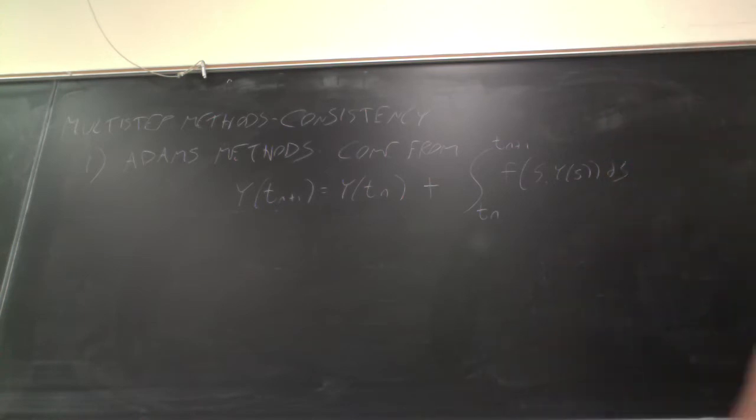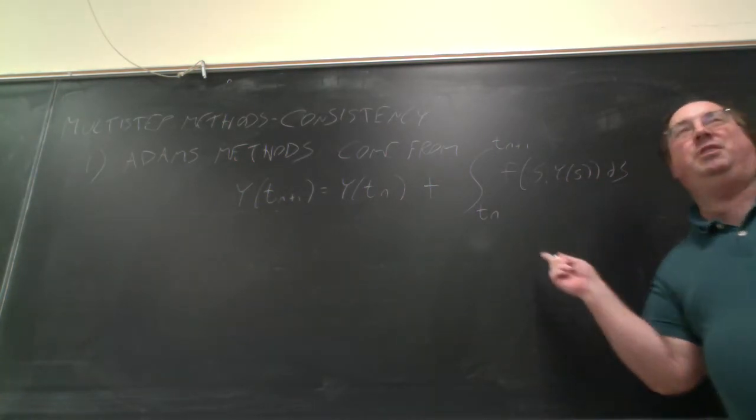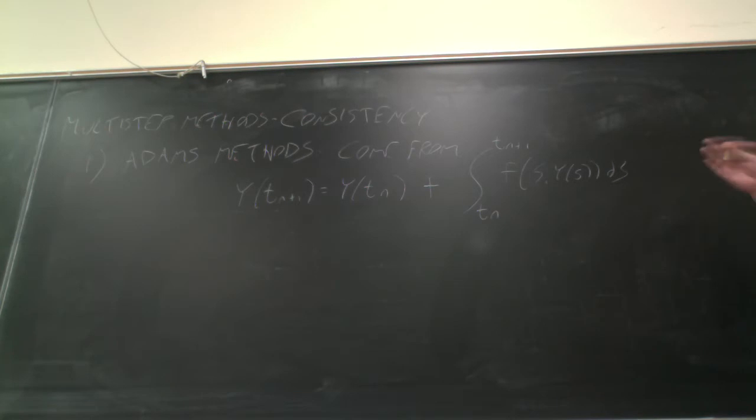Now this relationship that I've written down here is exact. The exact solution satisfies this. So if we had a way of evaluating this integral exactly, we wouldn't need an approximation method at all. We wouldn't need time stepping. We would just do this. But unfortunately, we can't.